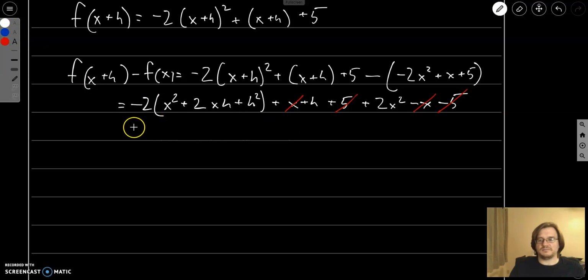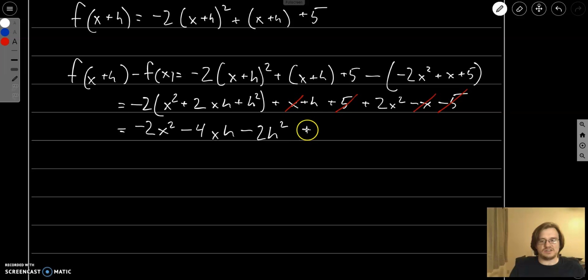So let's distribute the negative 2 here. I've got negative 2 times x squared, negative 2 times 2xh, so this is going to be minus 4xh, and then a negative 2 times this last term.